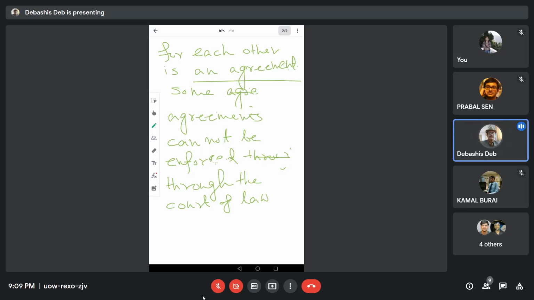Say I went to the book fair and found that Mr. X has not turned up. It is not the case that I should go to the High Court and say, my lord, my friend was supposed to visit the book fair along with me, I was searching for him, but he did not turn up. So hang him? No, it is not the case. So I cannot ask for legal help for breach of this agreement. Some agreements cannot be enforced through the court of law.